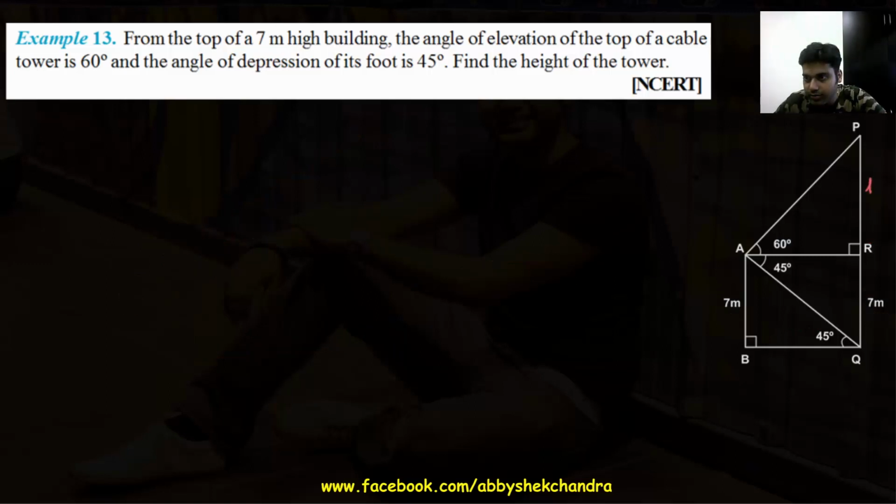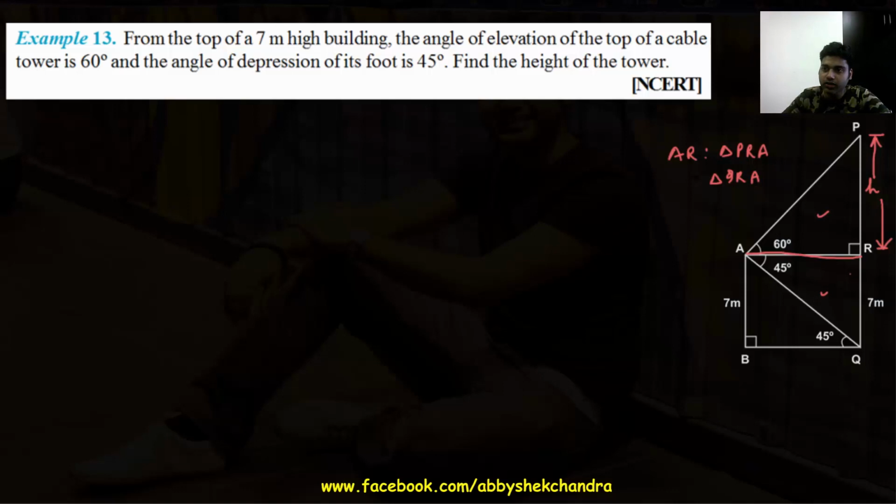So let's assume PR to be H. This height is H. Now see, in this question also, do you observe that this side AR is the common side of two right angle triangles? One of them is triangle PRA and the other is triangle QRA, right?